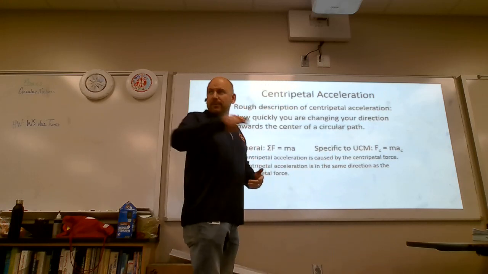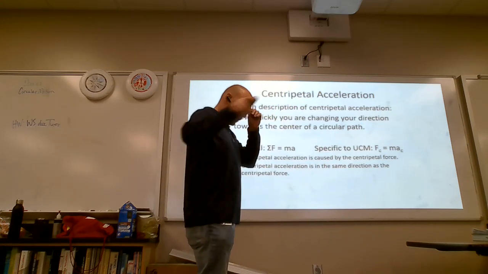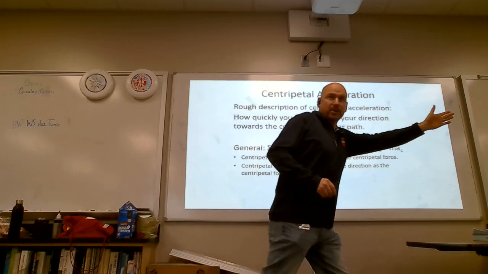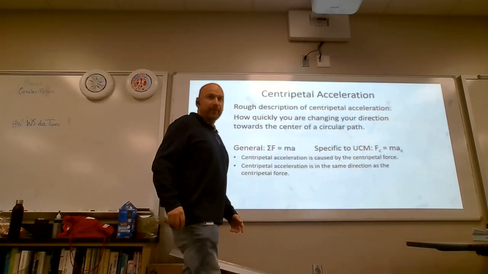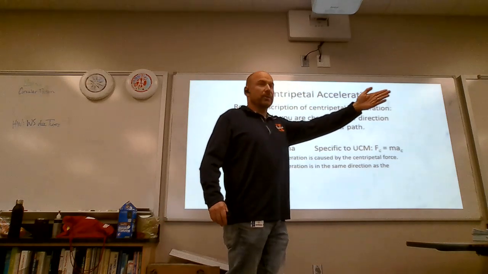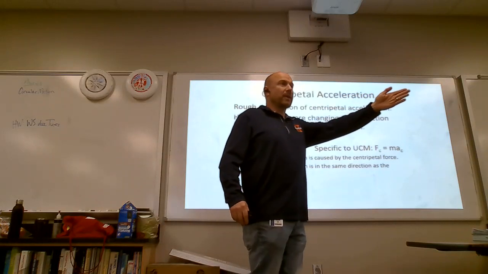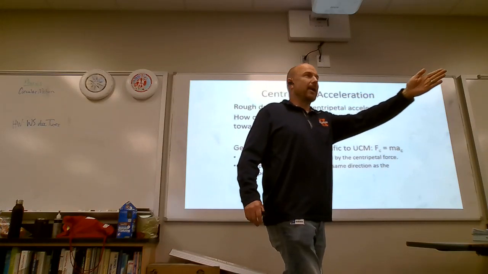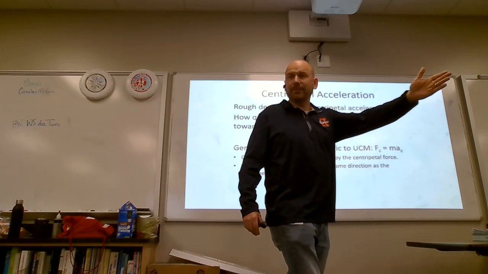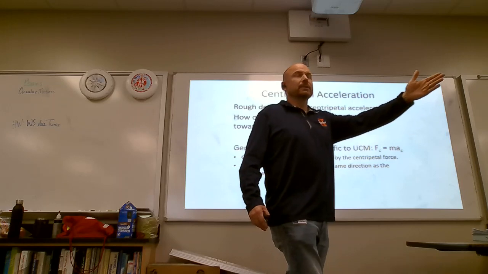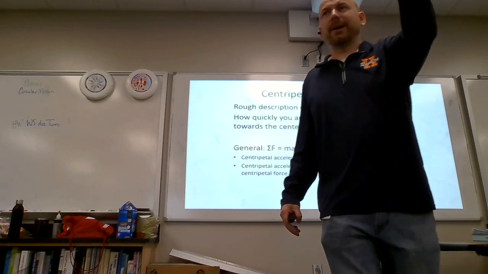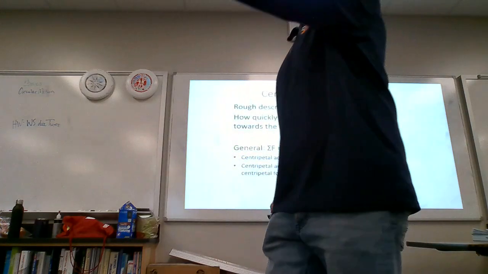Like if I was being swung around on a rope and I got let go right here, I would just go in the tangent path. The direction of my velocity at this point is going this way. The next moment, my velocity is going this way. Next moment, my velocity is going this way. How quickly this velocity changes towards the center of the circular path communicates centripetal acceleration. So how quickly this is changing your velocity towards the center of the path. You okay with that?